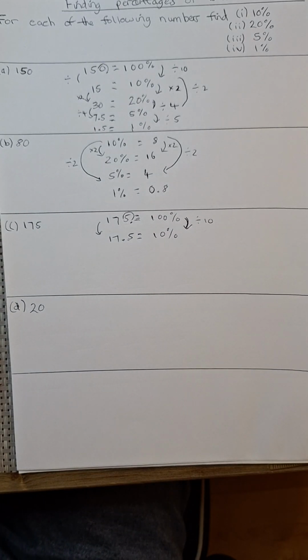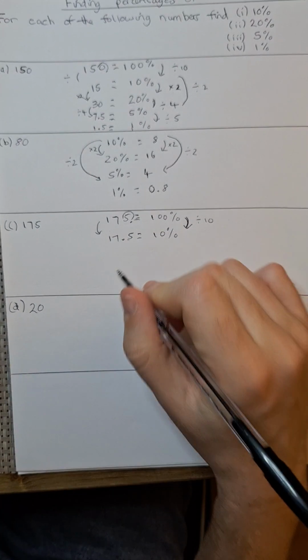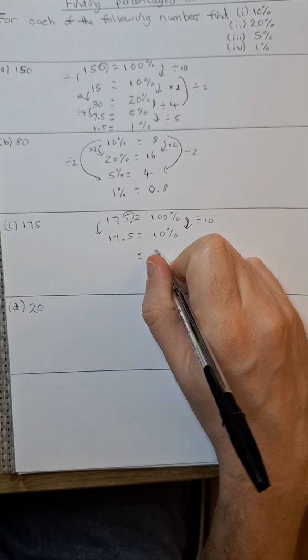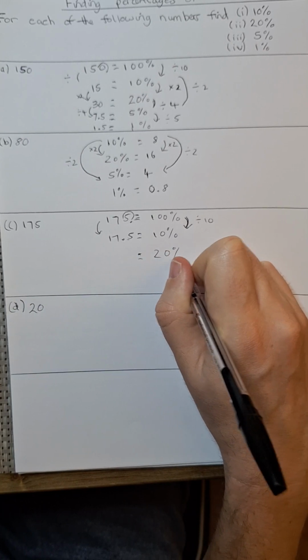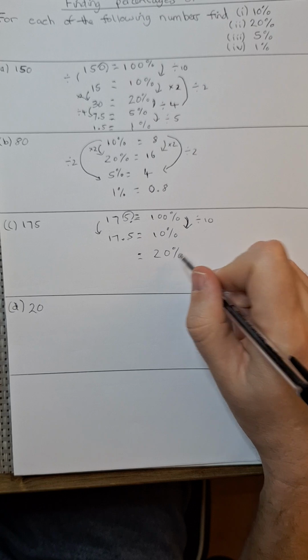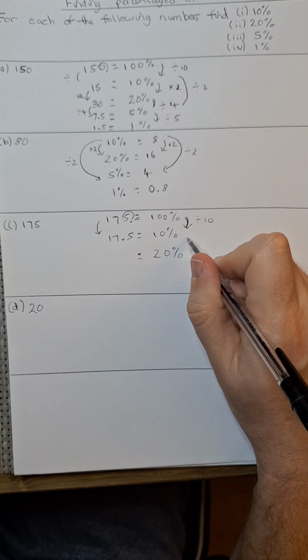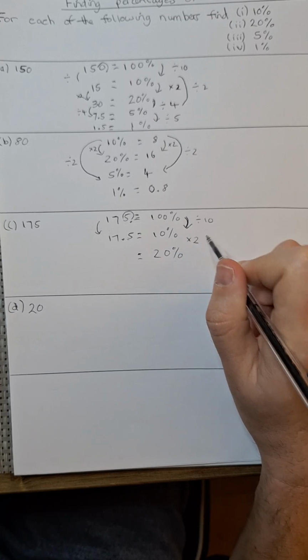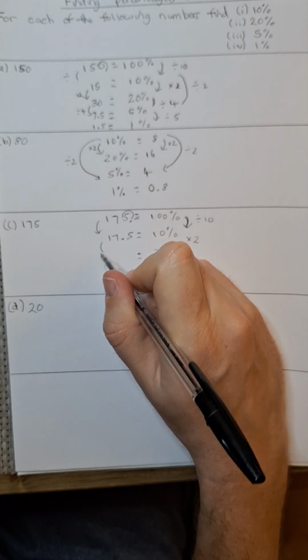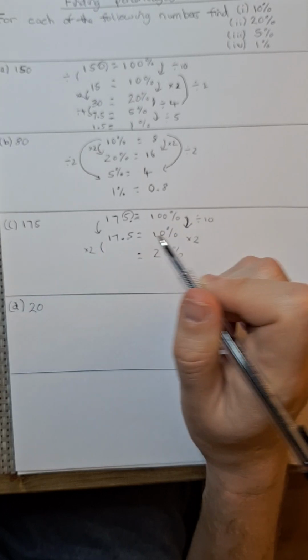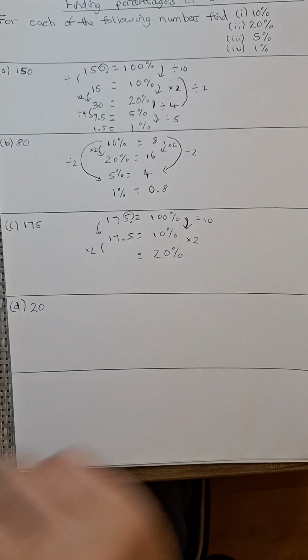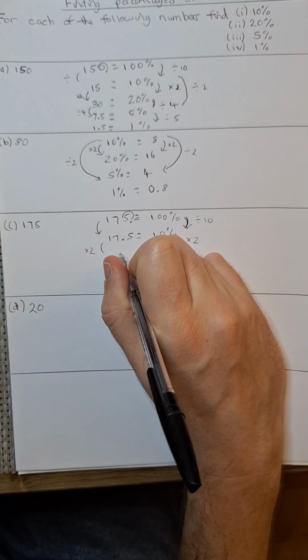And now to get 20%, we do 10 times 2 equals 20. And we therefore apply the same logic here. 17.5 times 2 equals 35.